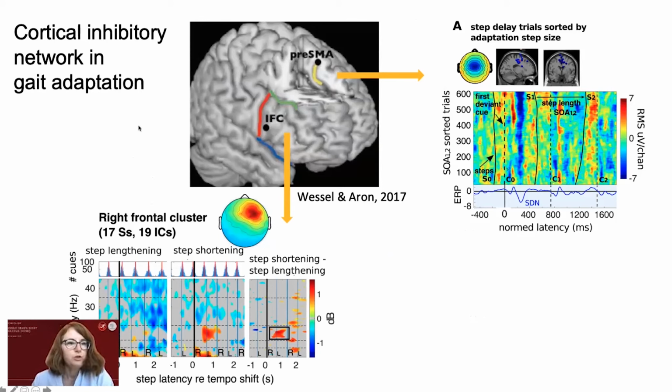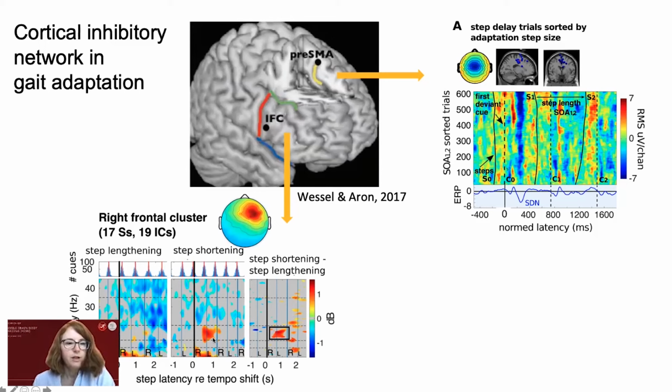What have we shown in this analysis? What we found is a cortical inhibitory network that is involved in gait adaptation. On the one hand, we found a beta power increase in right frontal cortex during the second adaptation step and during step shortening.